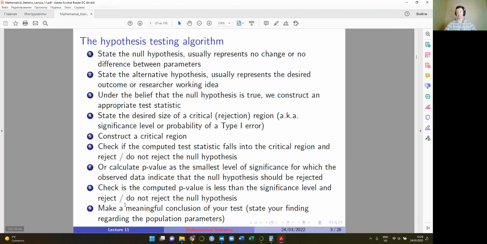Yeah, the last point, sorry, I forgot. The last point is that we need to make a meaningful conclusion of the test. It's not like we reject the null hypothesis or we don't reject the null hypothesis and that's it. You need to go back to your initial research question, what exactly you wanted to know with the help of data, and then you need to provide some meaningful answer.